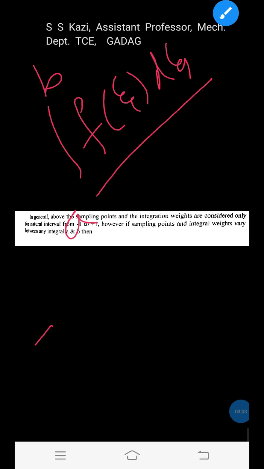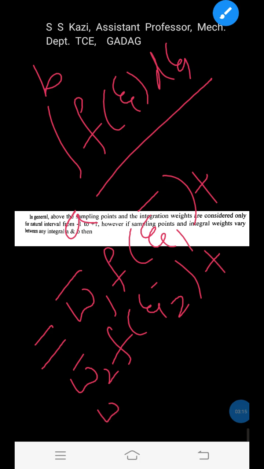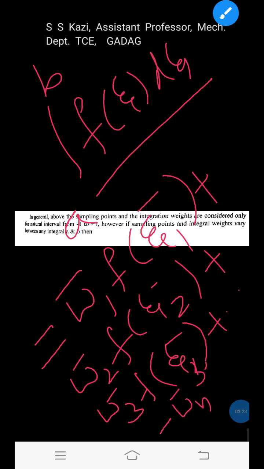It is equal to w1 bar f of zeta 1 bar plus w2 bar f of zeta 2 bar plus w3 bar f of zeta 3 bar plus and so on, wn bar f of zeta n bar. Okay, this is the formula using Gauss integration method.